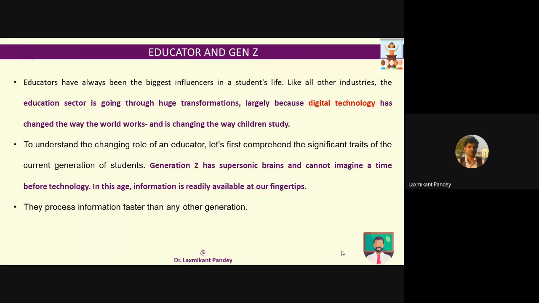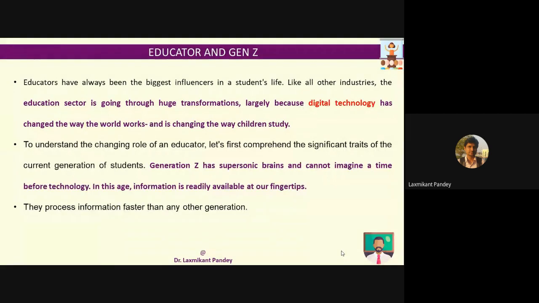It is smarter. Because different types of gadgets are involved in the teaching methodology, those gadgets can sometimes be used in a better way by the students. So there is a difference between the educator and generation Z.